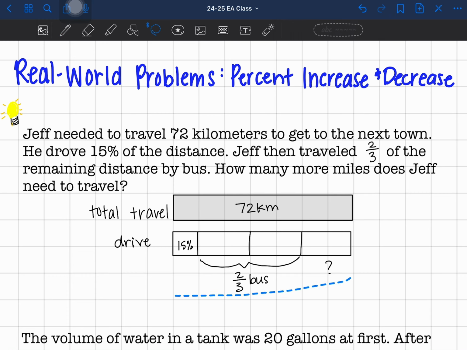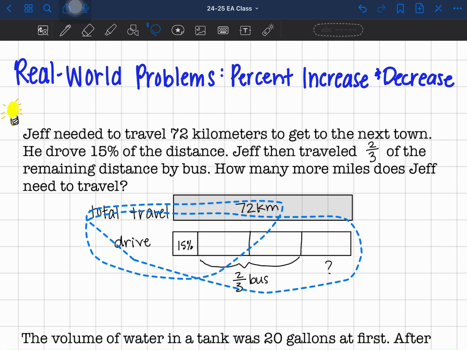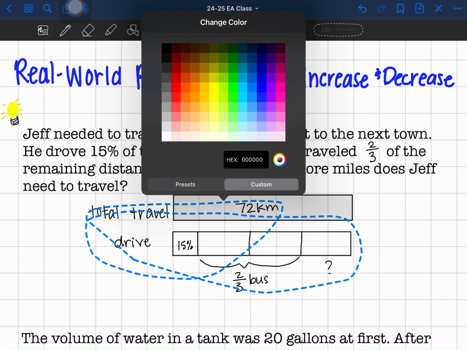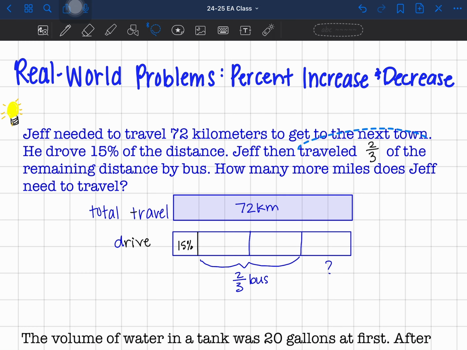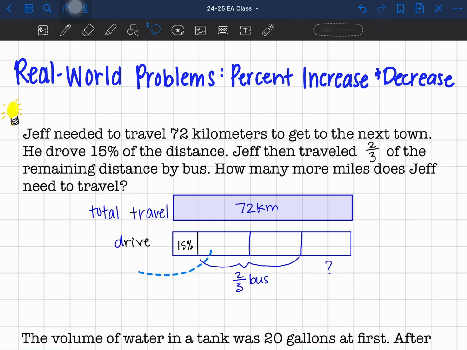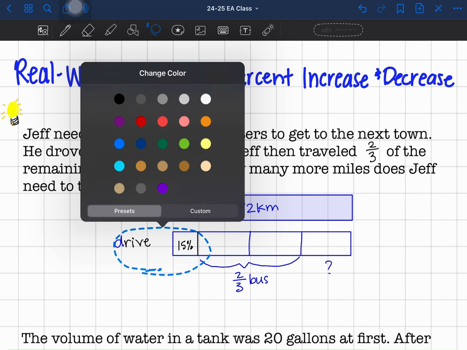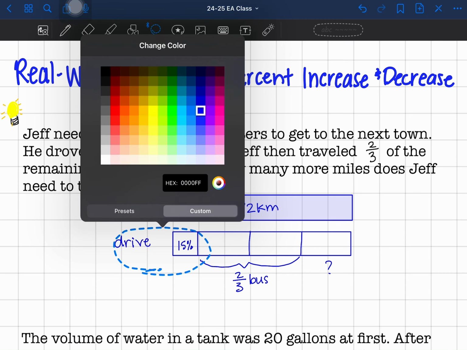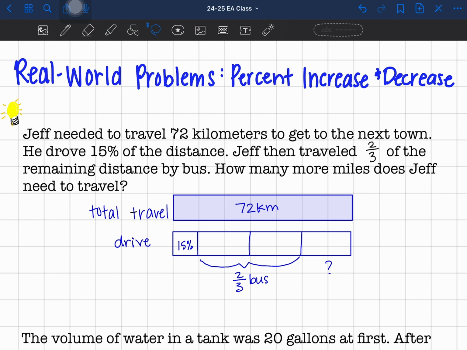Okay, so let's solve this. The total travel distance was 72 kilometers, and he drove 15%. He took 2/3 of the remaining distance by bus. How many more miles does Jeff need to travel?